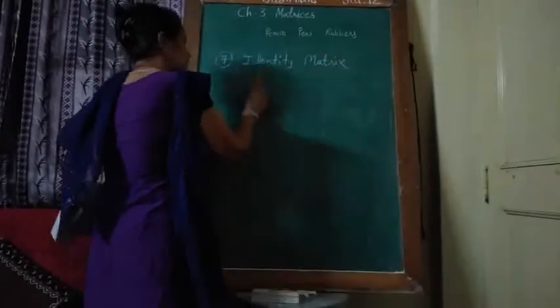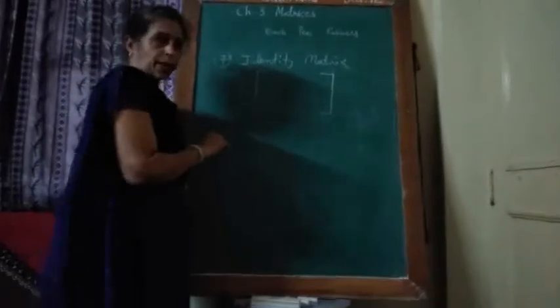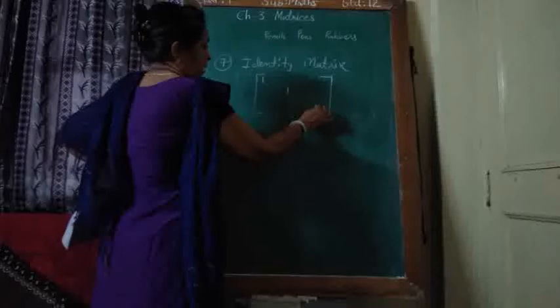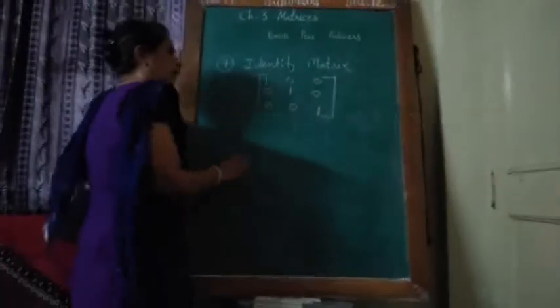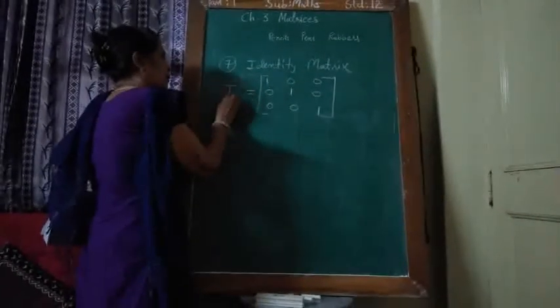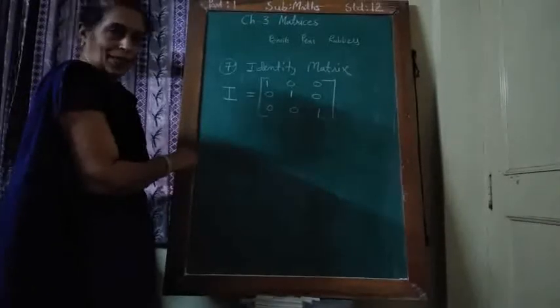Identity matrix means what? It is also a square matrix, but in that the elements of the principal diagonal are always 1 and other elements are 0. Then this matrix is known as identity matrix and it is denoted by I. Clear?